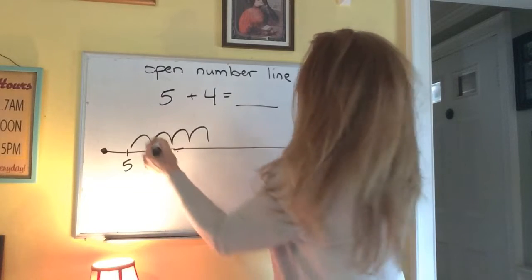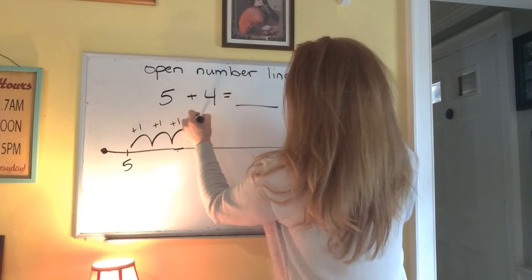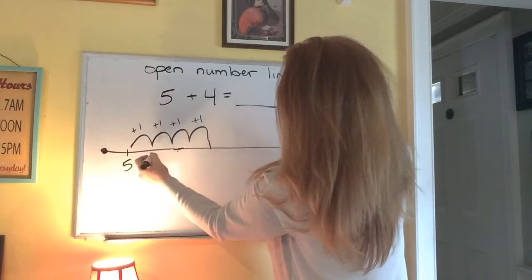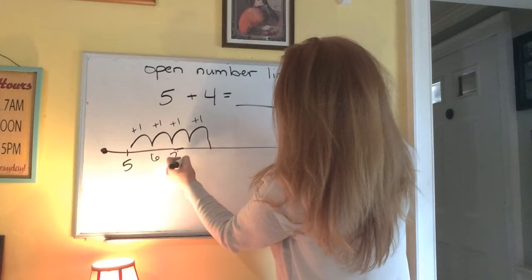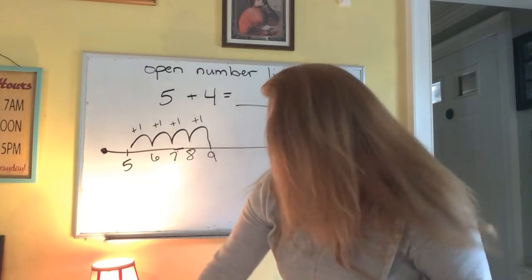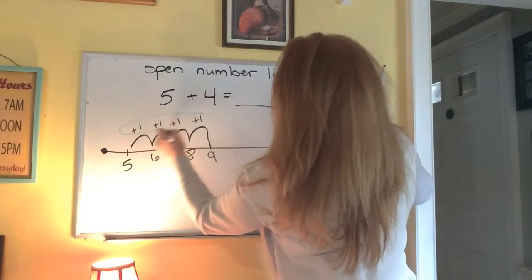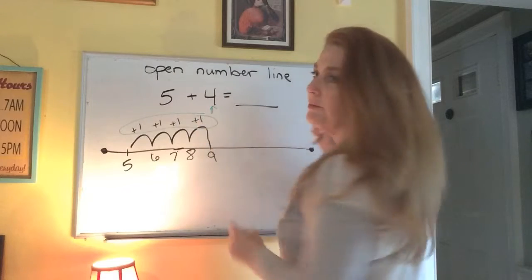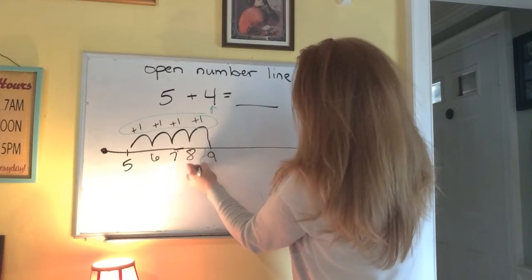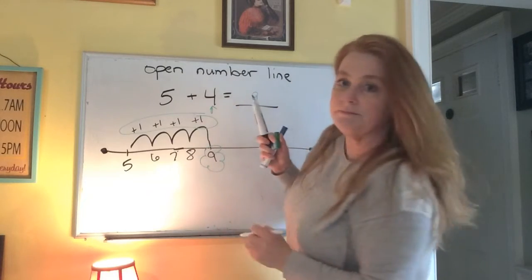Whatever you decide to do, you've got to label them. Plus 1, plus 1, plus 1, plus 1. And then it's going to land at your answer. So 5, 6, 7, 8, 9. Your check is that your numbers at the top, your jumps, need to add up to your second addend. So that should add up to 4. And then whatever you land on is your sum.